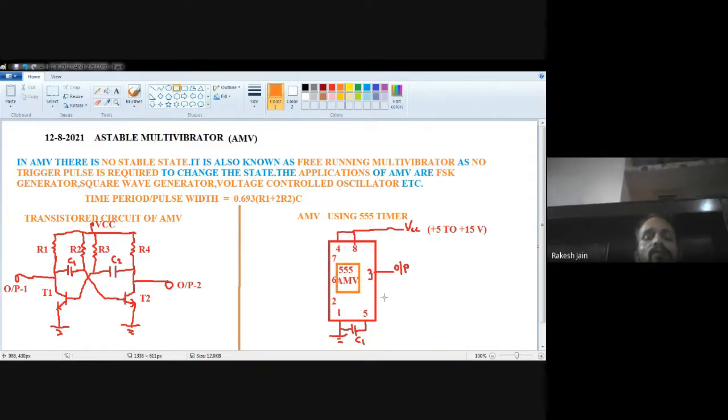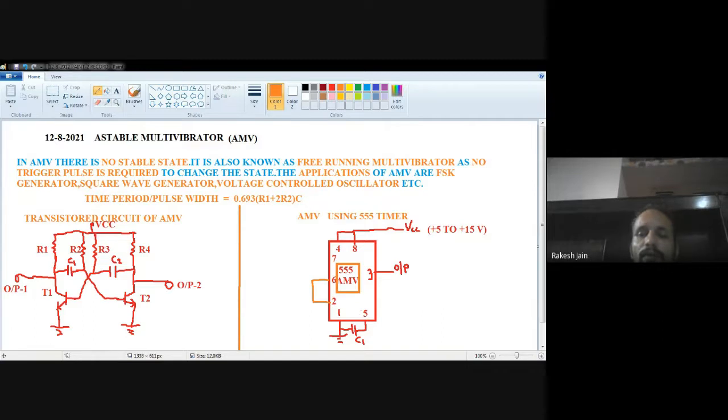Now see how they are connected with each other. Remember that pins 2 and 6 are shorted in the case of an astable multivibrator. In each multivibrator there is a particular concept, so here pins 2 and 6 are shorted. The time period is determined by two resistors and one capacitor.